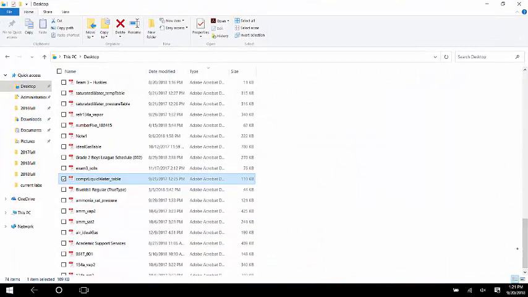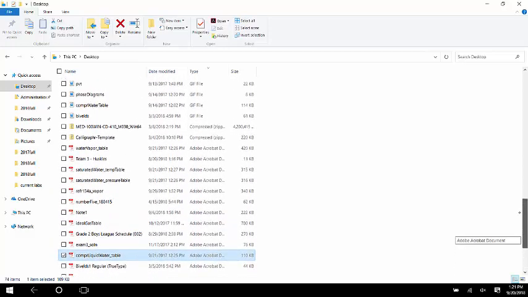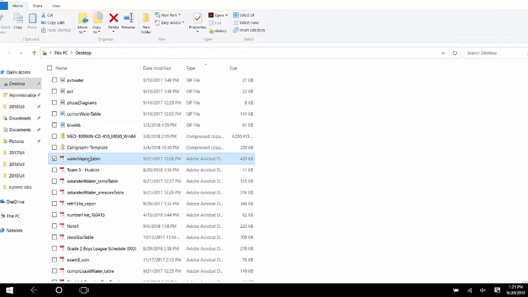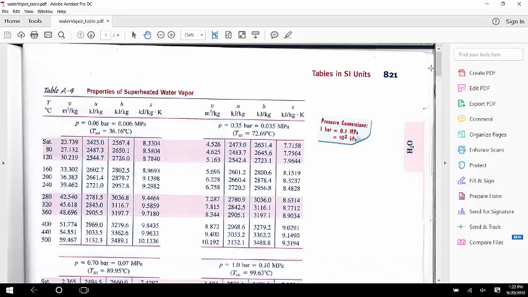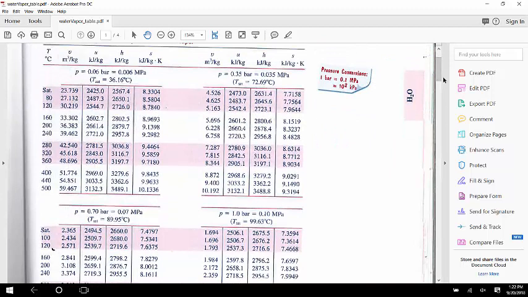For the superheated vapor, it works just the same. So you're given a pressure.